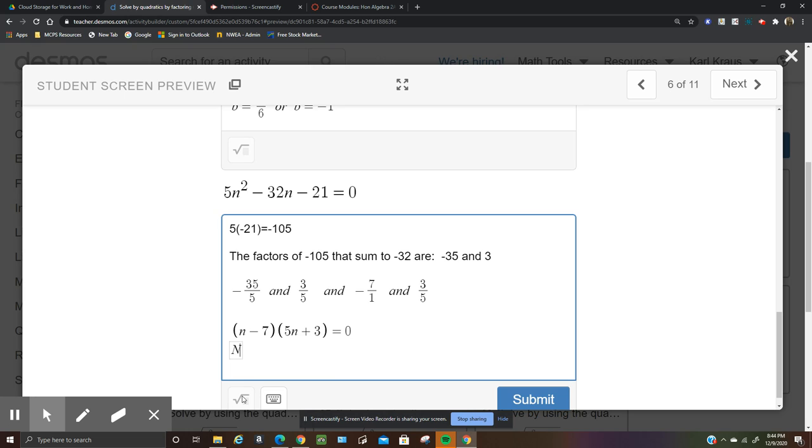So n minus 7 equals 0, or 5n plus 3 equals 0.